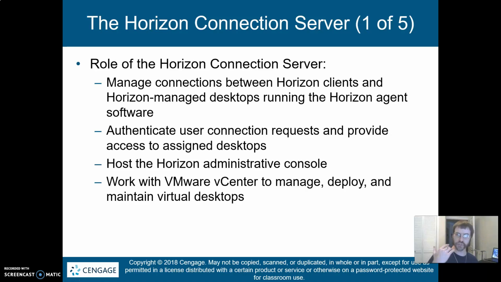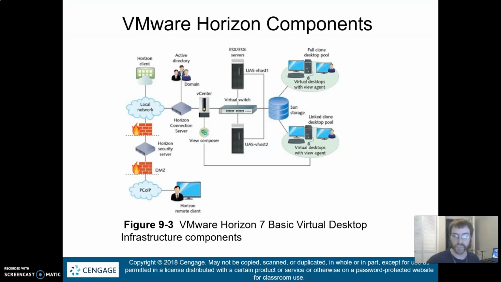Its function is to manage your connections between your Horizon clients and Horizon managed desktops running the agent software. One thing to note here, these virtual desktops have a View agent. It's not just a virtual machine sitting on the network. Horizon can't just grab anything.